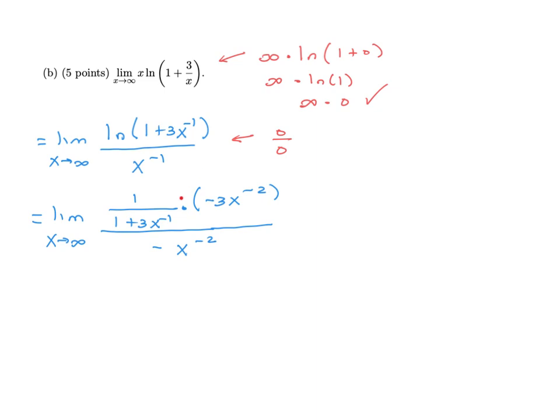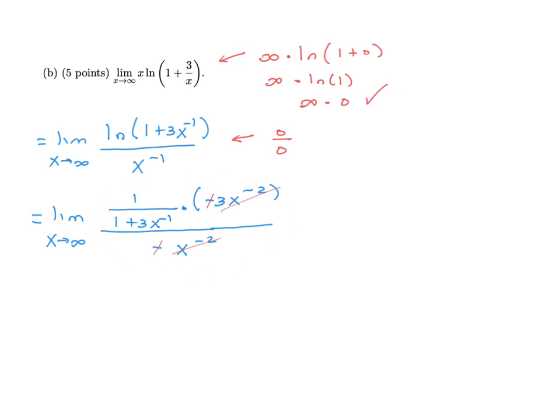So I took the derivative of the top and the bottom separately. Before going further, it'd be a good idea to simplify as much as possible. This negative and that negative cancel. This x to the negative 2 cancels with that x to the negative 2. This entire denominator is 1, so I don't even need to write it. There's a 3 left over that I'll put in the numerator here.